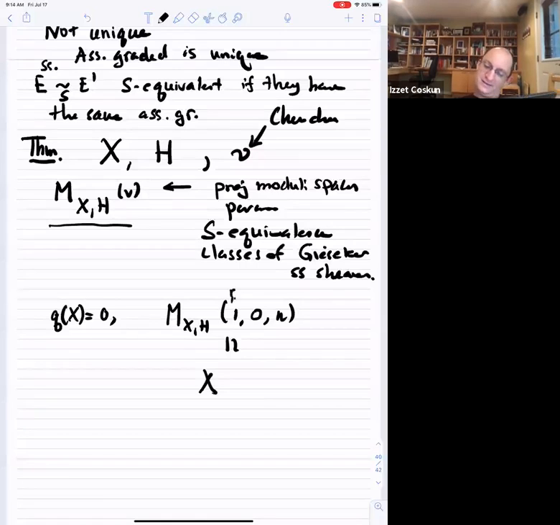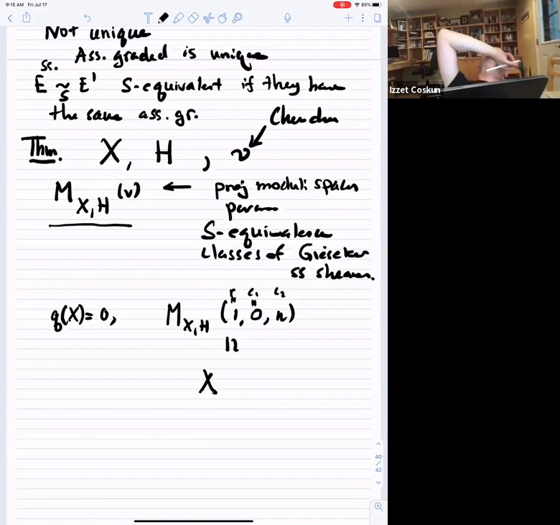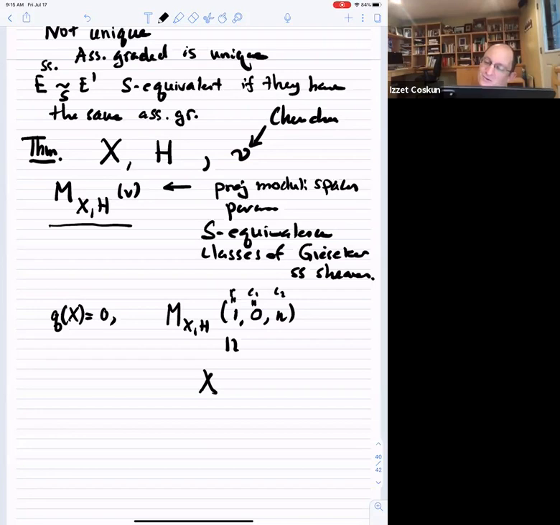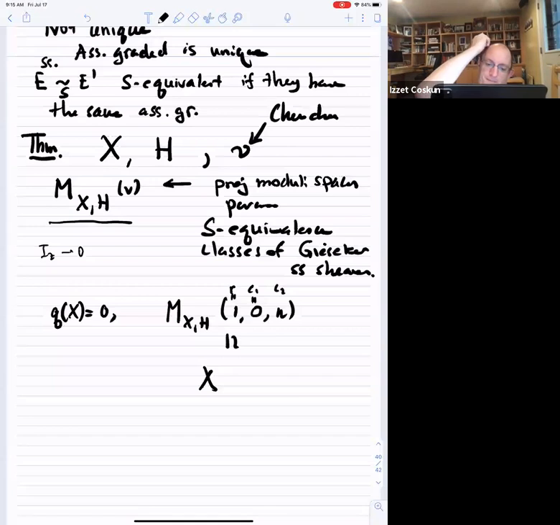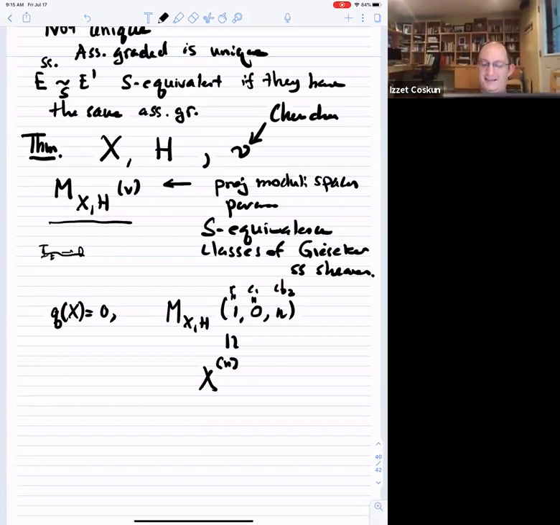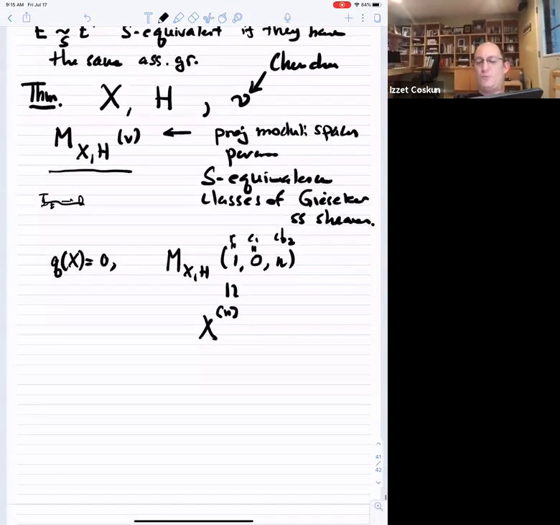So let's just say this is the rank, this is C1 equals 0, and this is C2, should be minus n. So then that's just X^[n], okay?